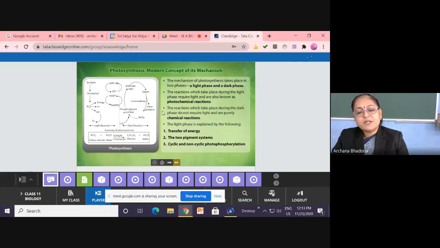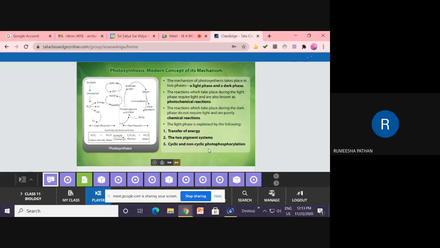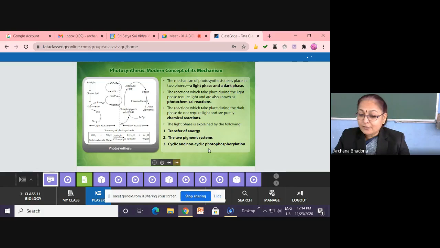But in cellular respiration and photosynthesis, remember only one phosphorylation goes on, that is ADP combines with the inorganic phosphate to give the ATP. Is it clear? And then since in photosynthesis the ATP formation will be in the presence of sunlight, you call that photophosphorylation. Is it very clear?